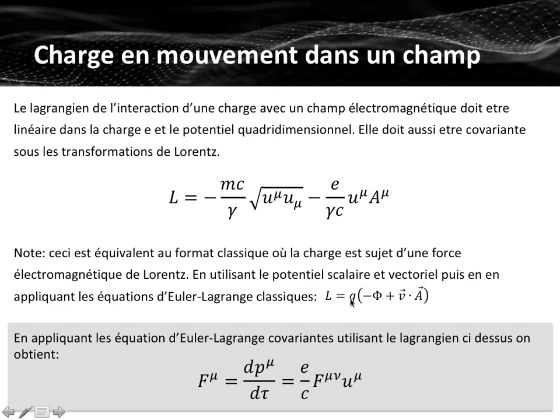Well, it's in a similar fashion that we get the Lagrangian of this charge in the covariant form. As you have seen before, for a free particle with no potential, we had minus mc squared over gamma, because the square root of u mu u mu is nothing else than c.